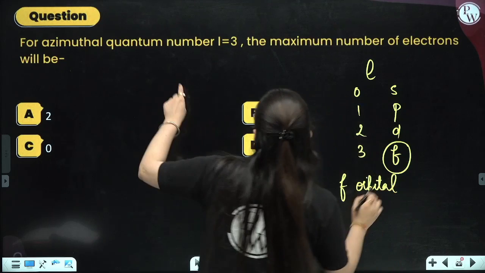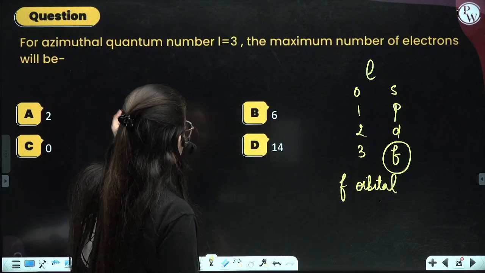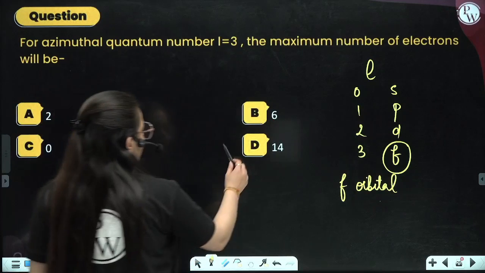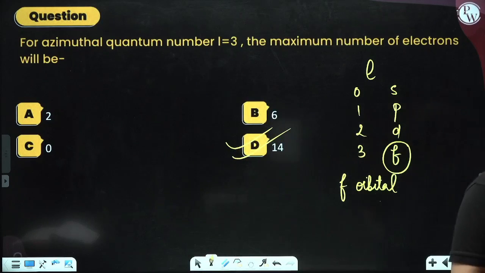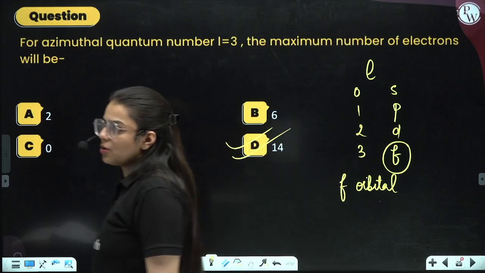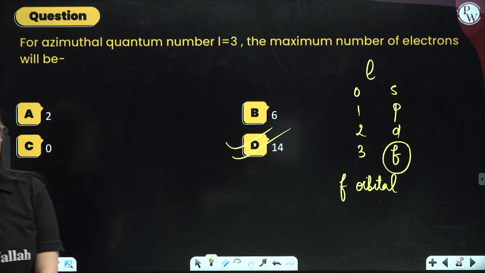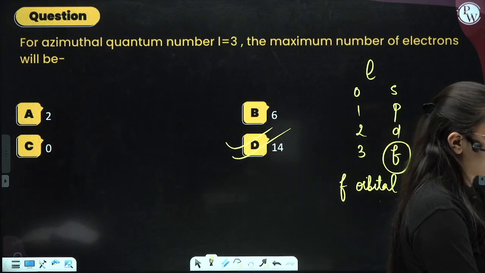For F, when L is 3, it is 14 electrons. One orbital contains 2 electrons. 7 orbitals will contain how many electrons? 14 electrons. I guess this is now clear to you. Shall we move on to the next question if it is done? Yes, students.